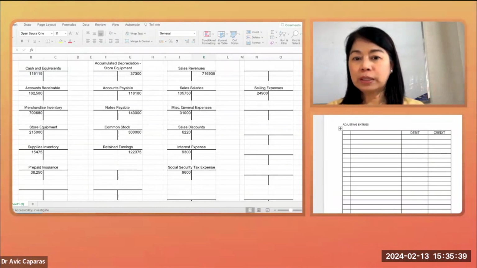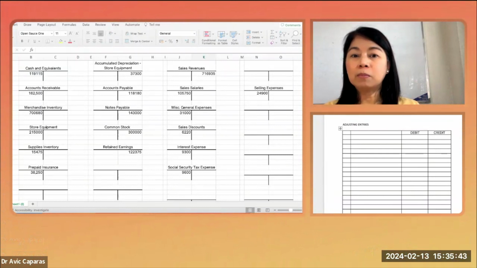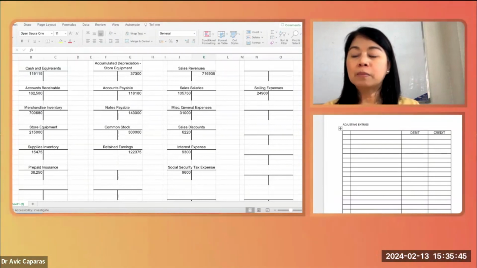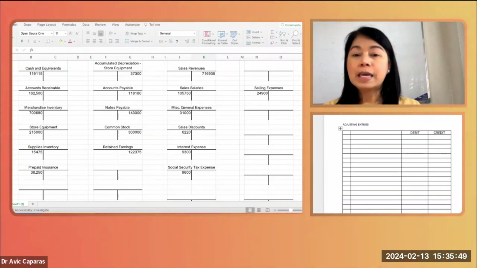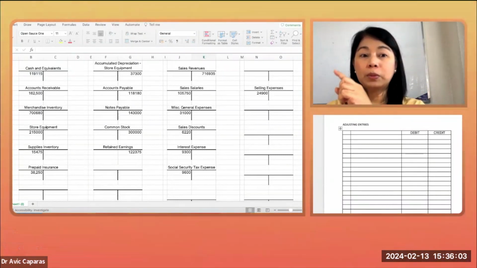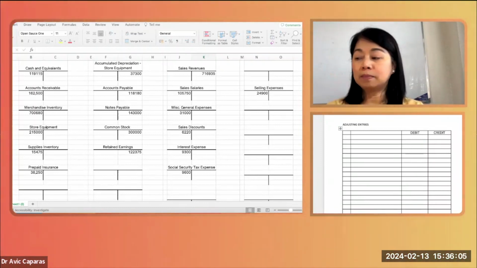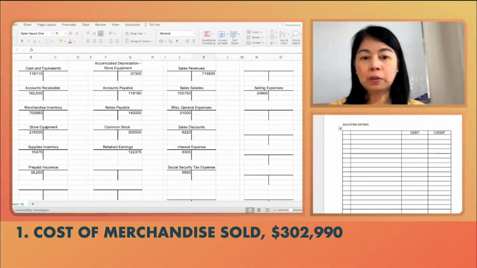I cannot show the book anymore in this slide, but I will show just the individual entries, and then you will see the adjusting entries here below and the way I post them in the accounts. So let us begin with the first adjusting entry as mentioned in the book.